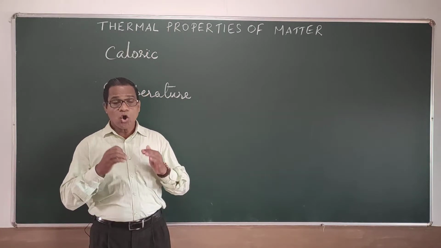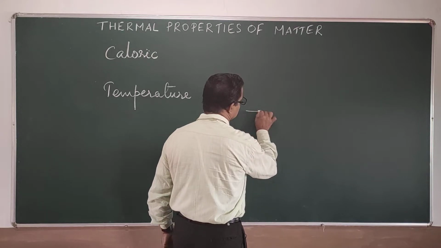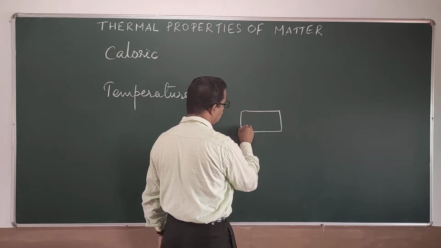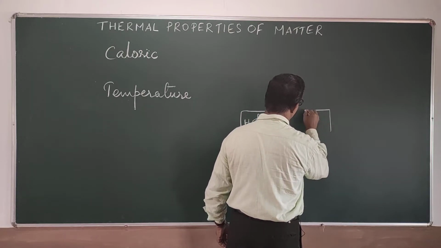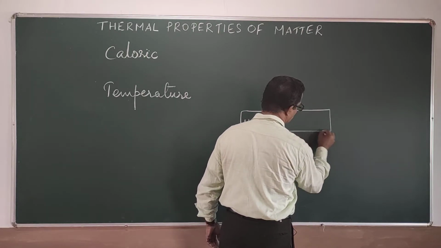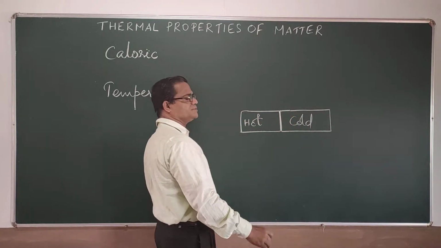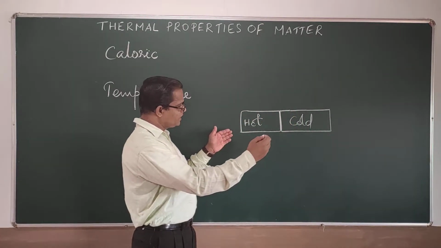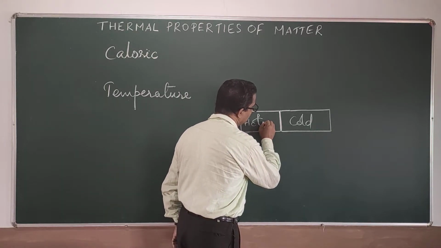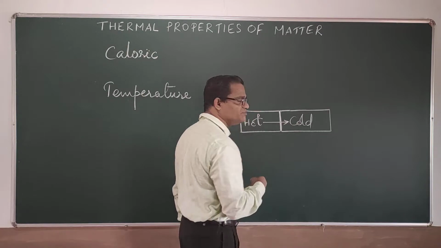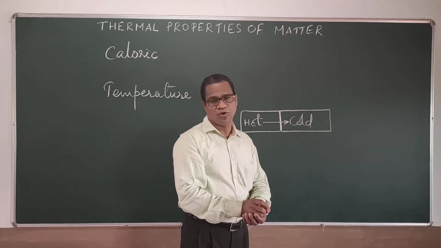So when a hot body and a cold body are kept in contact, suppose I say this is a hot body and this is a cold body. So they are in contact. When the hot and cold bodies are kept in contact, energy is flowing from hot body to cold body.